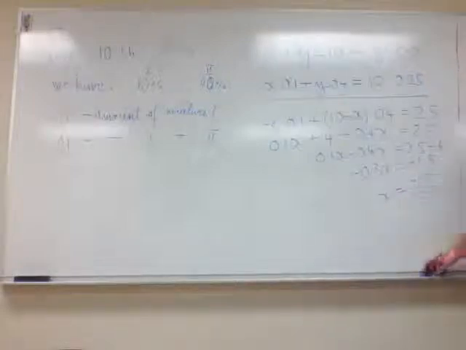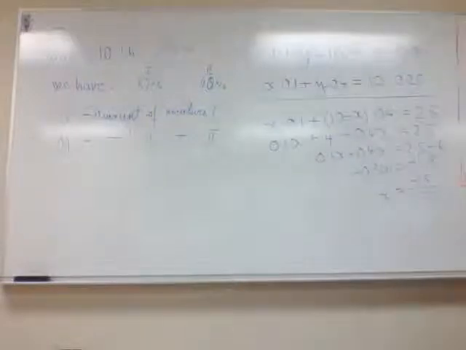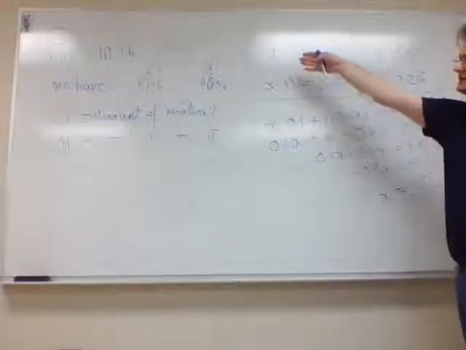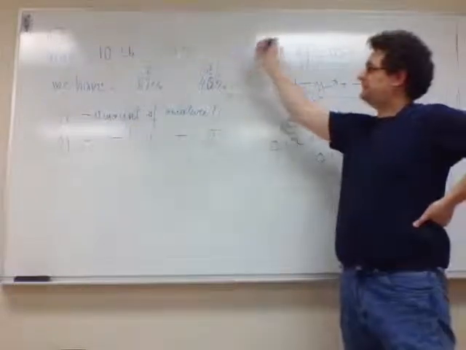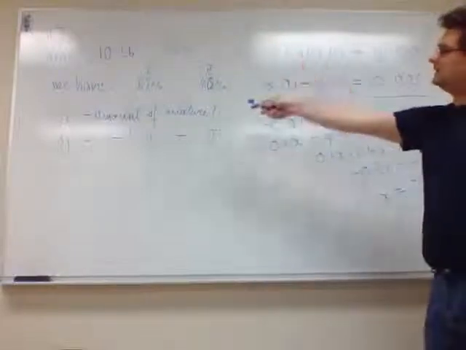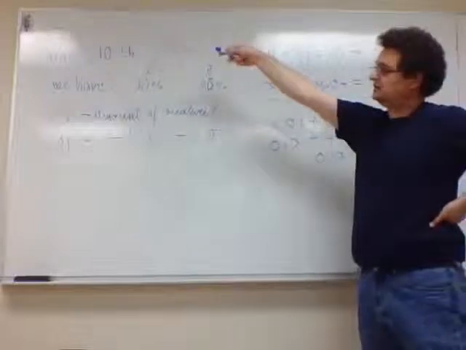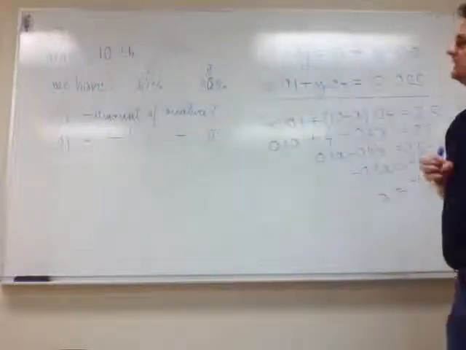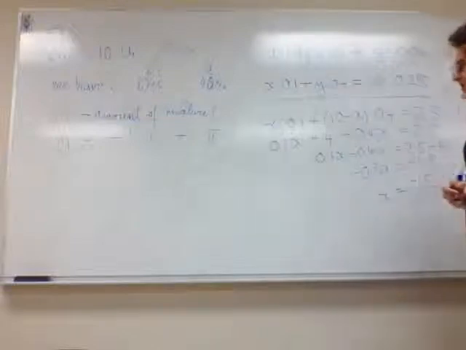By the way, if you got at this moment that this number is negative, you immediately know something's wrong, because the meaning of x is the amount of peanuts that comes from mixture 1, the amount of peanuts in that 10 pounds of 25% mixture.